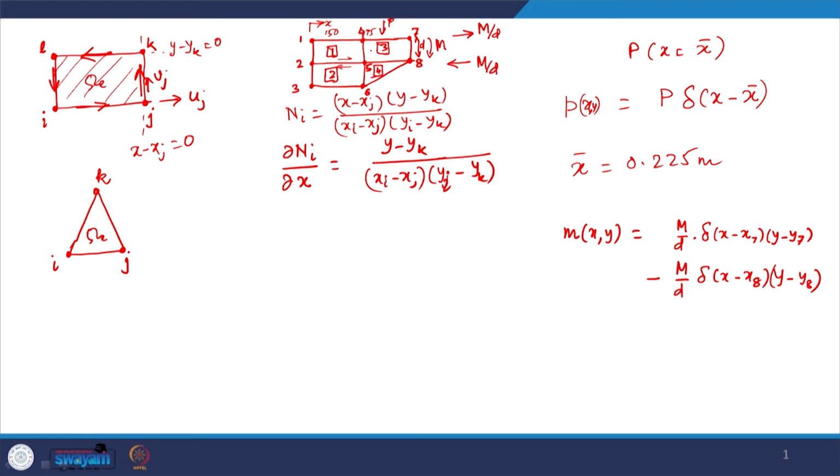So, we need to have provision for a 16 by 16 stiffness matrix and 16 element level forces, nodal equivalent forces, and the secondary variable tractions.